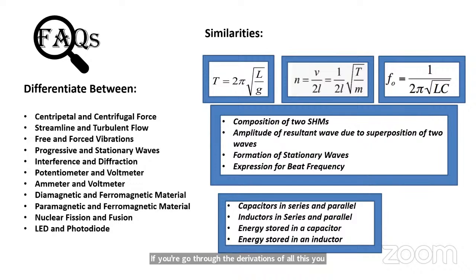All these derivations are based on superposition of two waves. So all these four derivations, if you do them separately, you may get confused. But if you do them simultaneously, side by side, you may find some commonness, you may find some differences. Either the two waves have the same amplitude and same frequency but travel in opposite directions, or they have slightly different frequencies, or they are of different amplitudes.